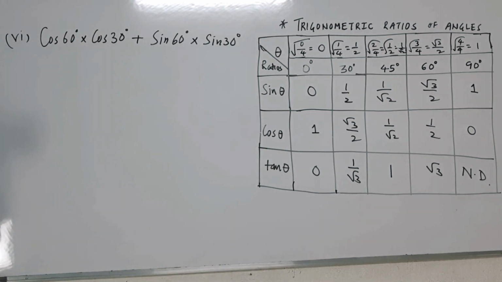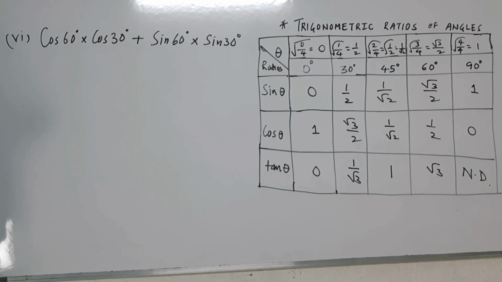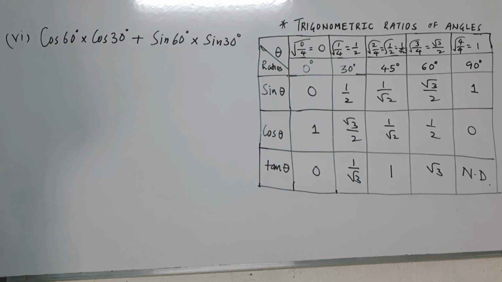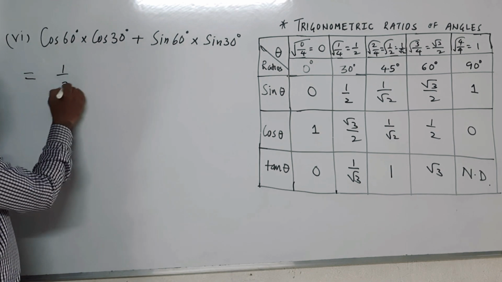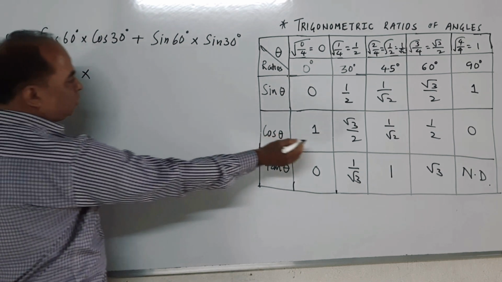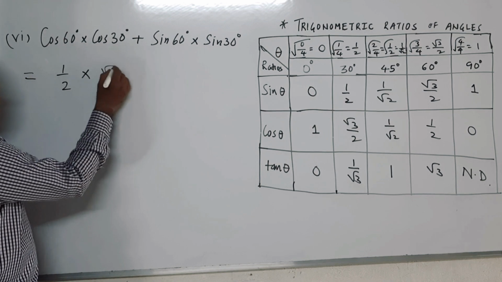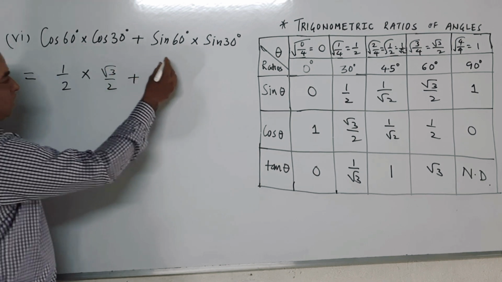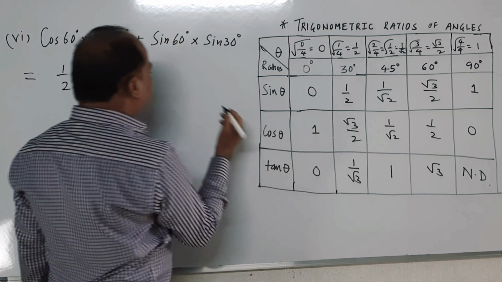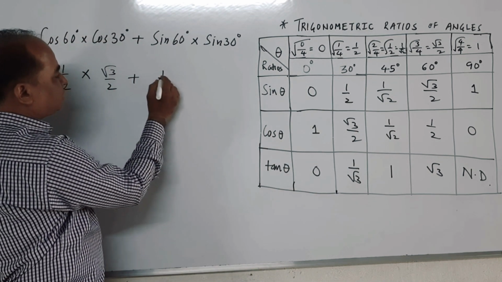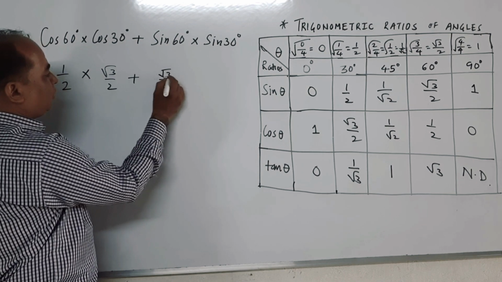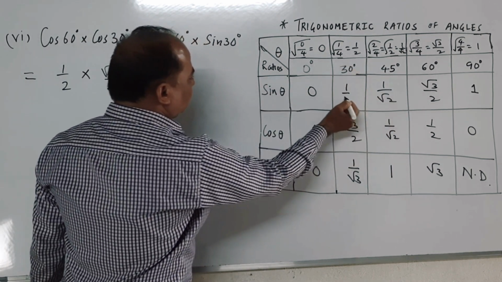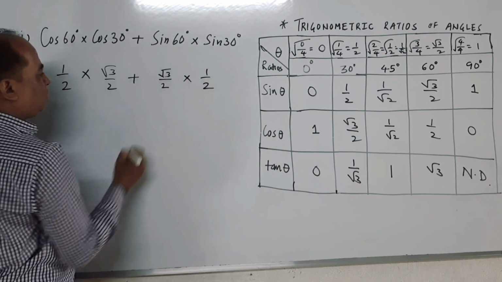Sixth example: cos 60 into cos 30 plus sin 60 into sin 30. Cos 60 is 1 upon 2 into cos 30 is root 3 upon 2, plus sin 60 is root 3 upon 2 into sin 30 is 1 upon 2.